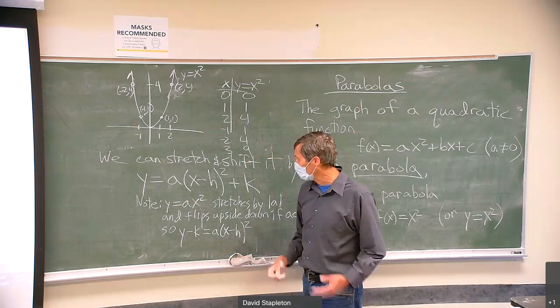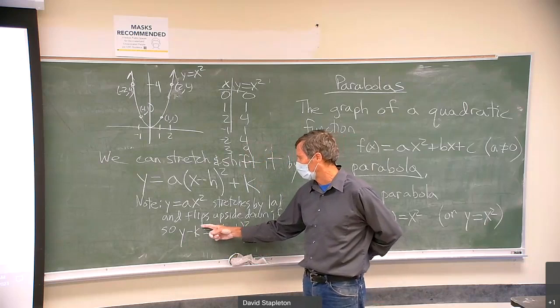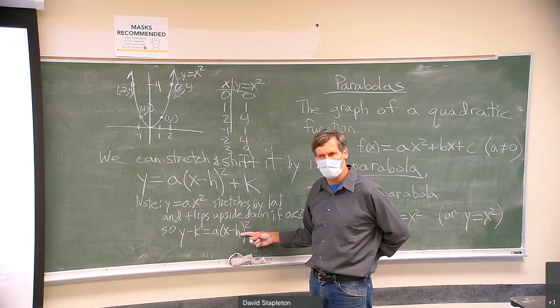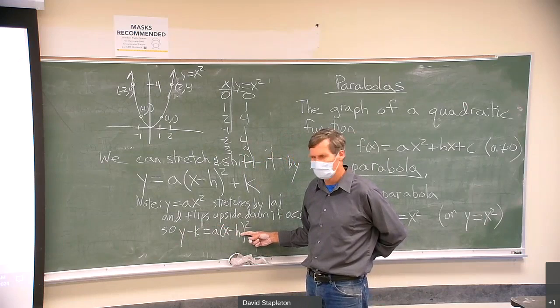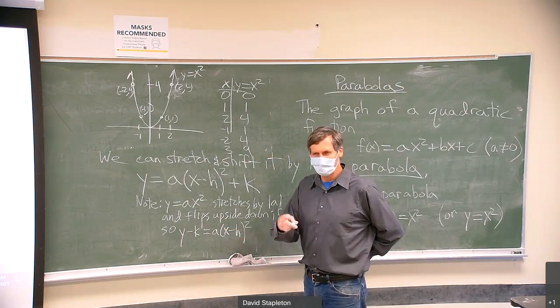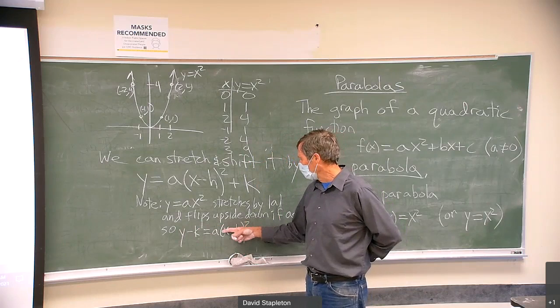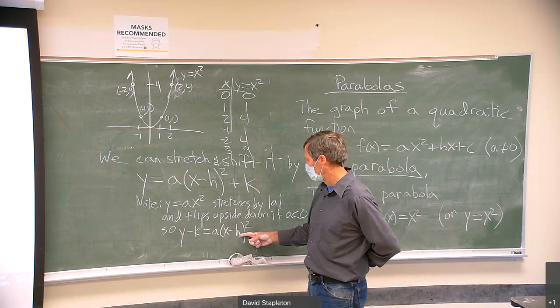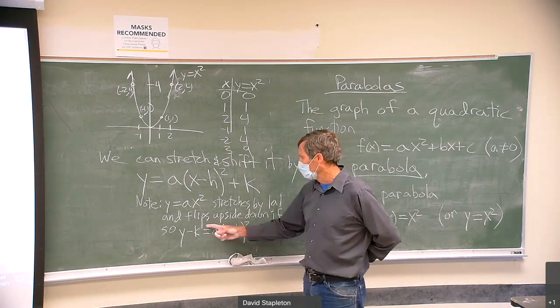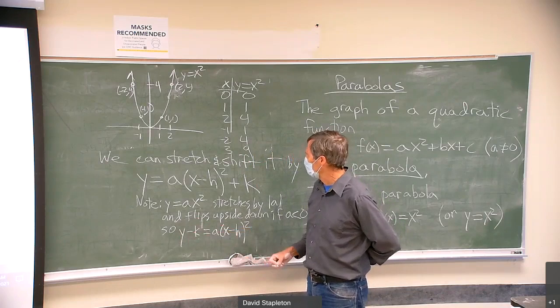If in any equation in x and y whatsoever, I replace y by y minus a number and x by x minus a number, what does that do to the graph? Moves it right. Very good, you're right. Replacing in any graph x by x minus h moves it h units in the x direction. Replacing y by y minus k moves it k units in the y direction.